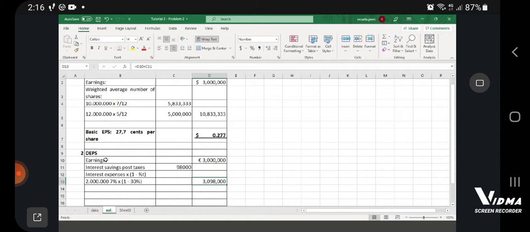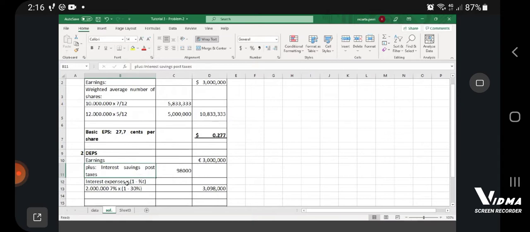So again, in the diluted earnings per share, we start with the same amount of earnings and we apply the needed adjustment. And the adjustment here is the interest savings post taxes. We add them back. So we need to add back the interest savings post taxes.